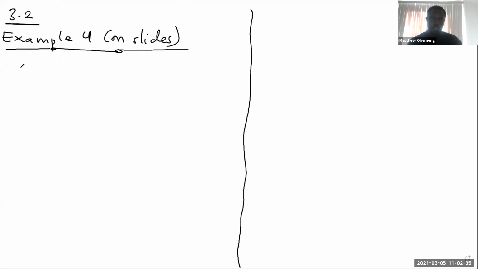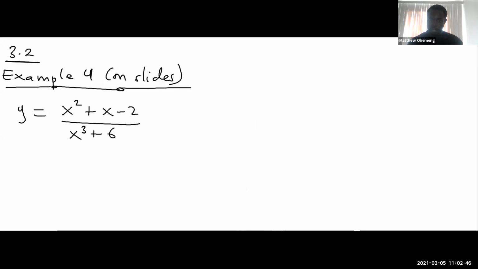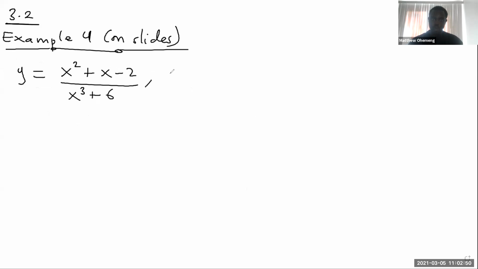In this example, we are given a function y equal to s squared plus x minus 2 over s cubed plus 6. Let me erase this because I'll probably need more space here. And the question is asking for y prime.